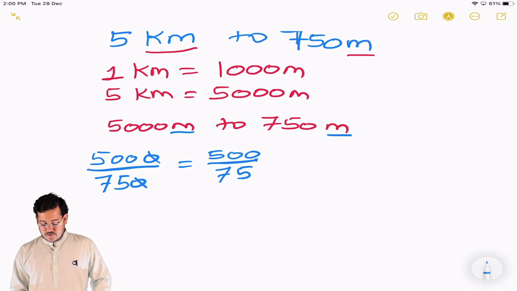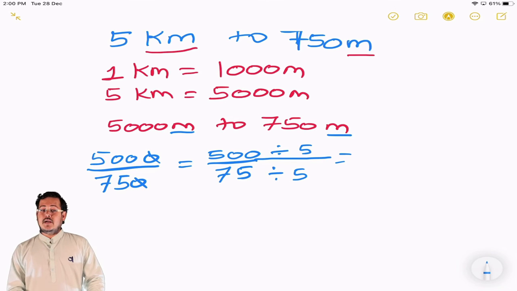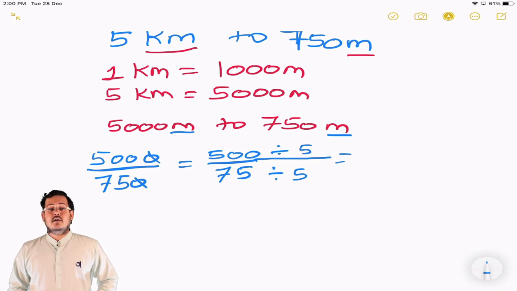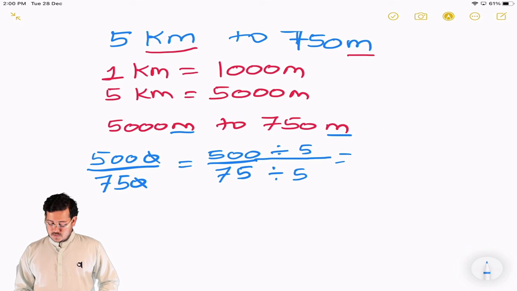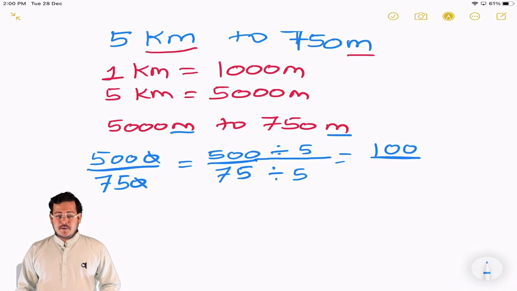So let's start dividing. This process I am doing is called taking the ratio in the simplest form. 500 divided by 5, answer is 100. 75 divided by 5, answer is 15.